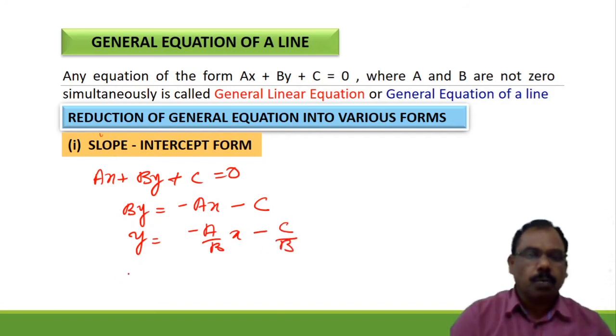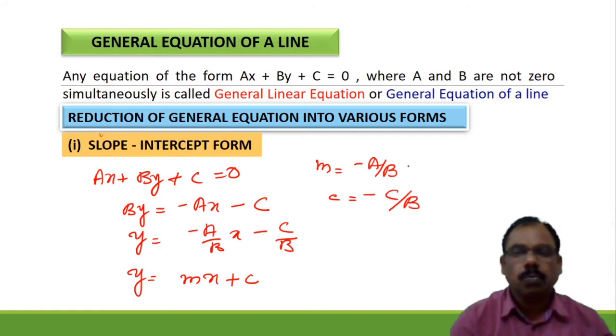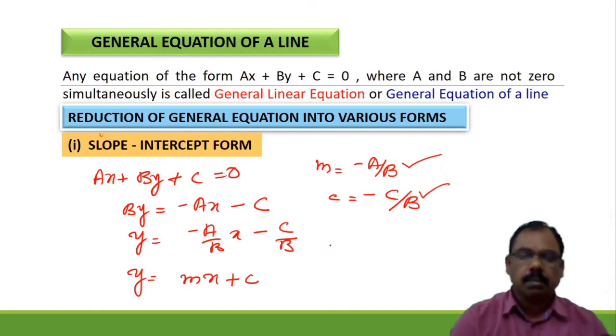That is of the form y is equal to mx plus c, where m is equal to minus a by b and c is equal to minus c by b. So we say that the slope of this line is minus a by b and the y-intercept is minus c by b.